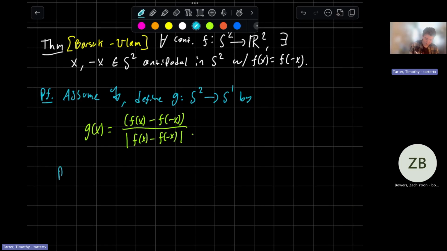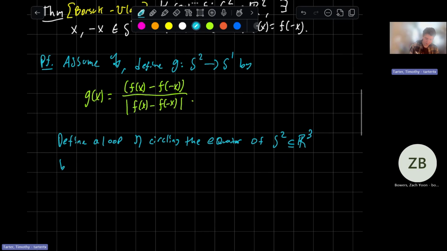So then define a loop eta circling the equator of S2 contained in R3 by eta of s is equal to cosine 2 pi s, sine 2 pi s, and then 0.